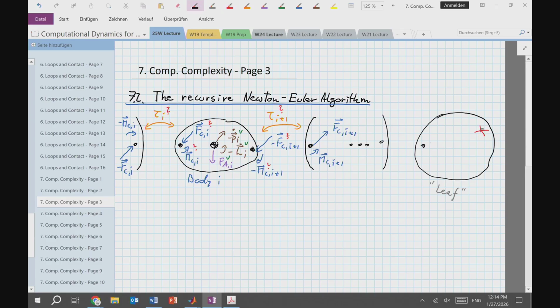I still have these constraint forces, so they're still at FC, let's call it N, just to give it a name, and an MC N, and there's a tau N. And then there's, of course, the reaction forces on the next joint. And I have my D'Alembert forces and my active forces. So all of this still exists.